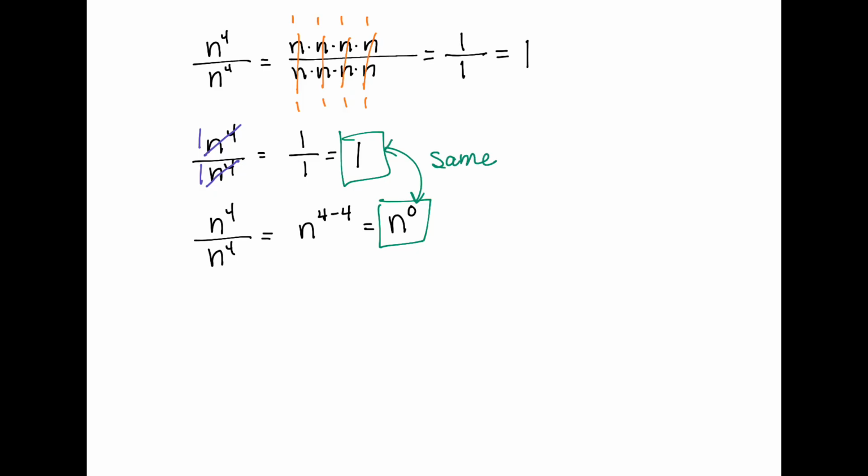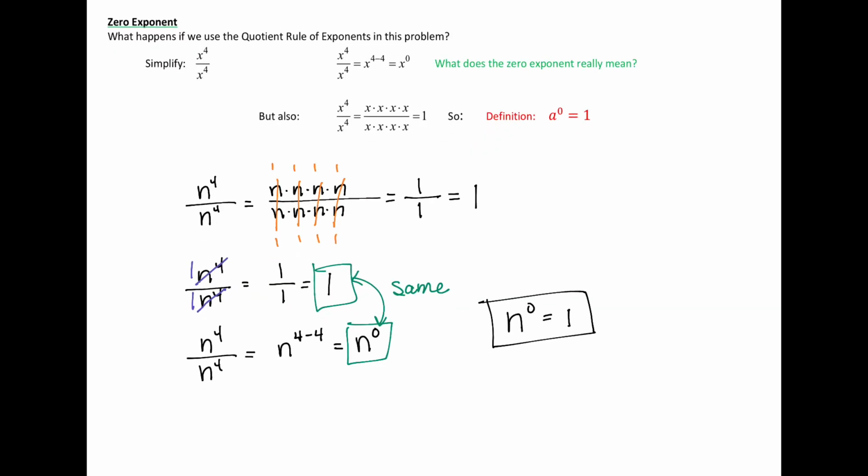In other words, n to the 0 power is 1. Okay? And that's how they did it as well. It's just harder to read it and make sense out of it.